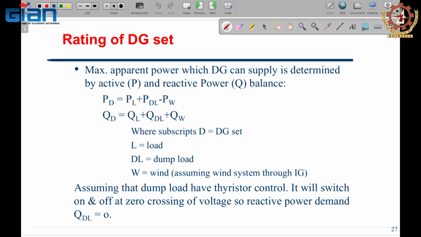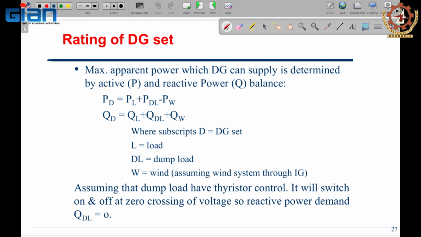Now, a little bit of mathematics. If you have to design the generator, these are very simple calculations for the rating of the generators, how you decide the size of the diesel generator.